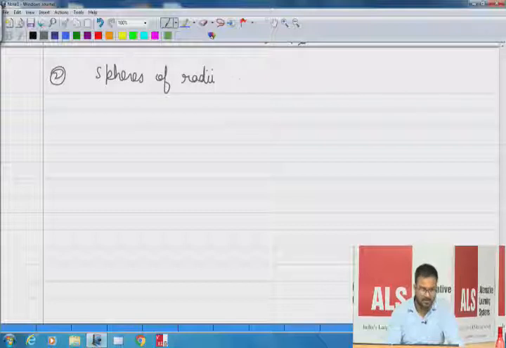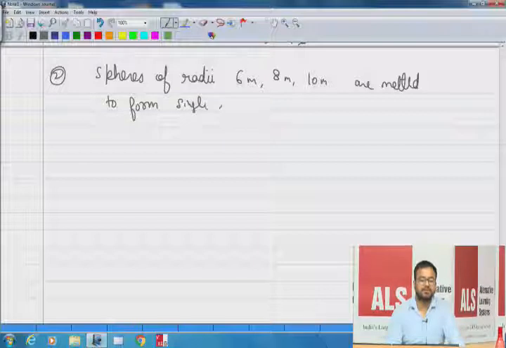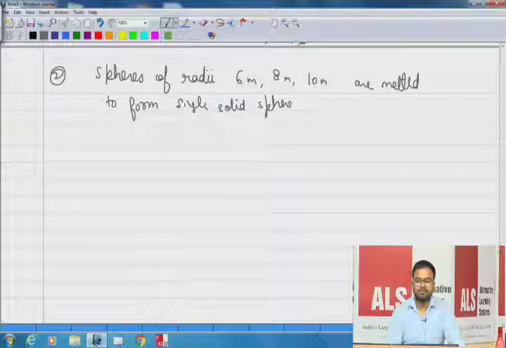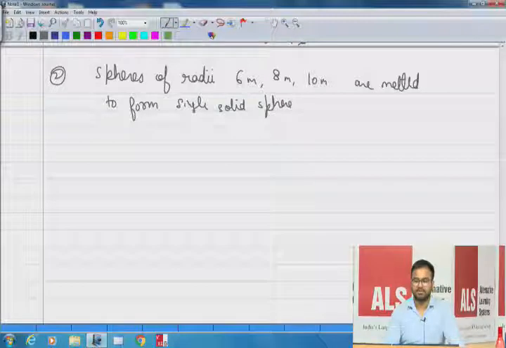Spheres of radii 6 meter, 8 meter, 10 meter are melted to form a single solid sphere.